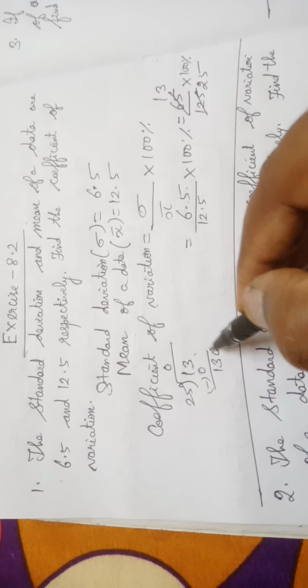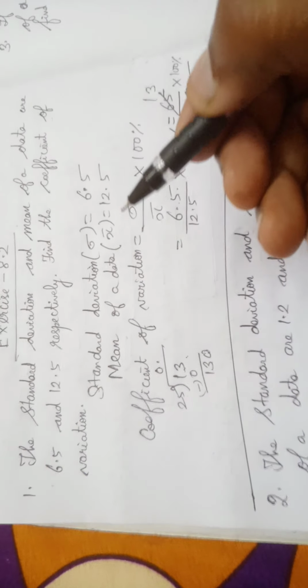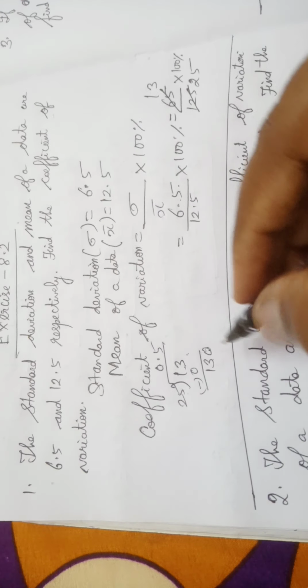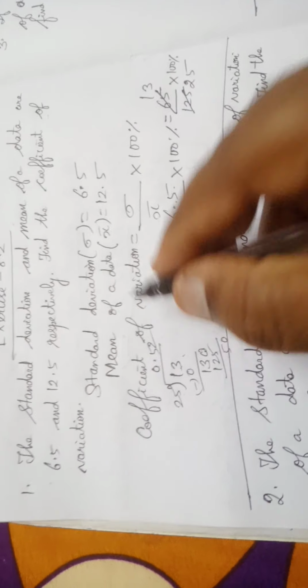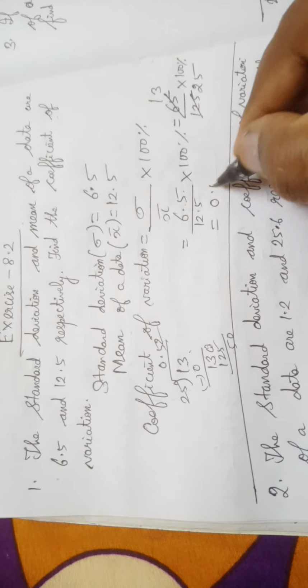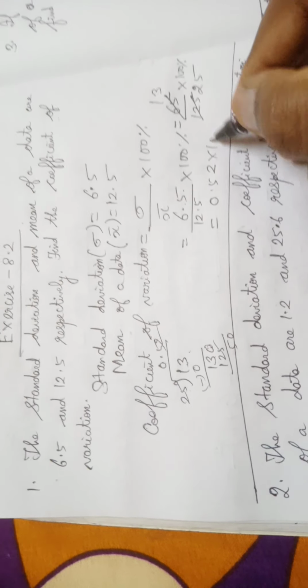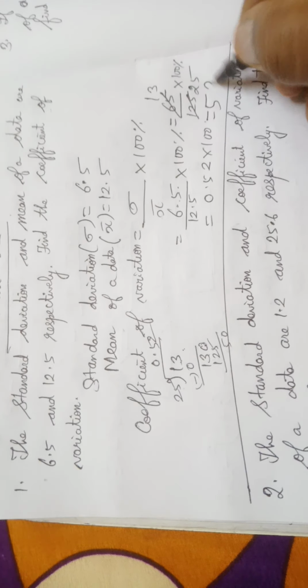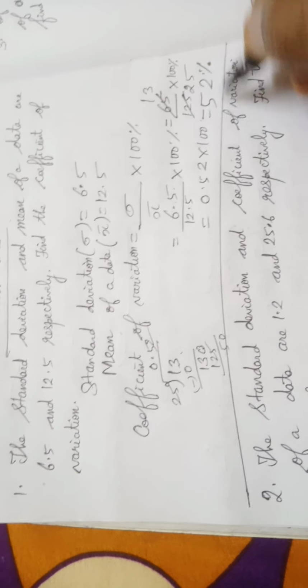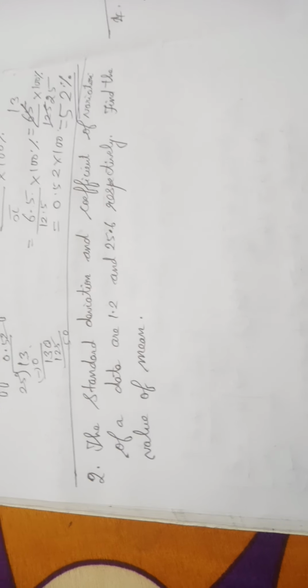So 0 we are putting here, and we need to put a decimal here. 130, 5 25s are 125. So 0.52 into 100. So now we are multiplying: 52 percentage. This is the answer for the coefficient of variation.